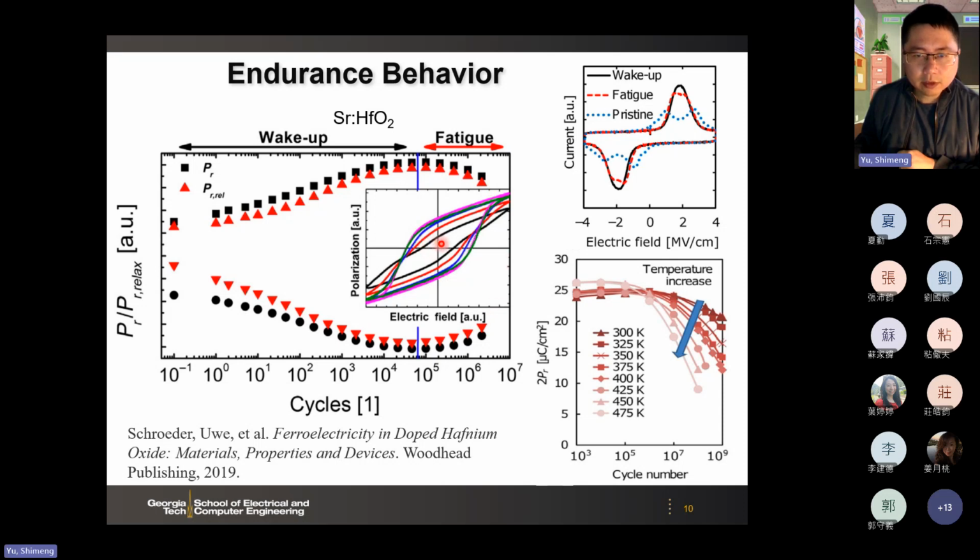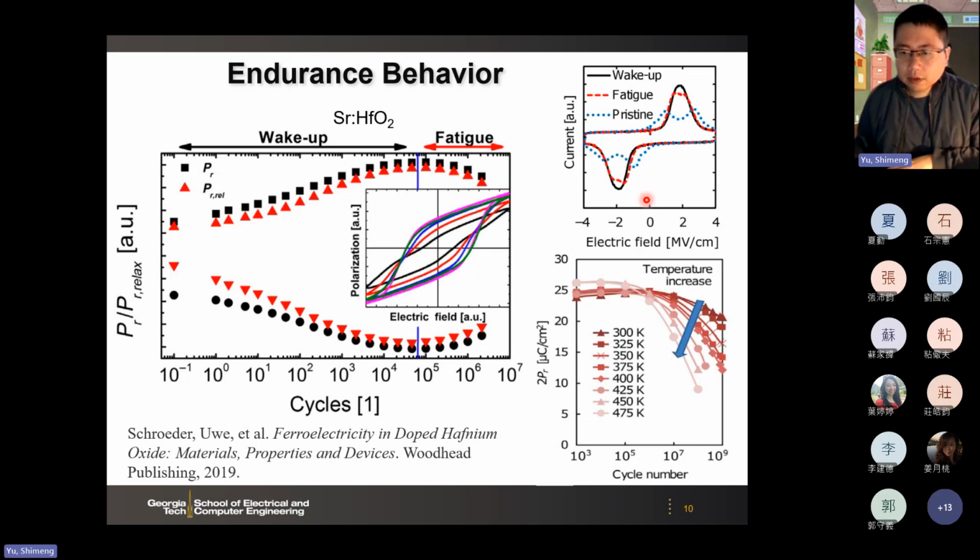Here the window means, if you do the P versus E, the positive PR minus the negative PR. So this is the window for the memory. There are many mechanisms for this kind of endurance behavior, mostly associated with defect migration and defect generation.